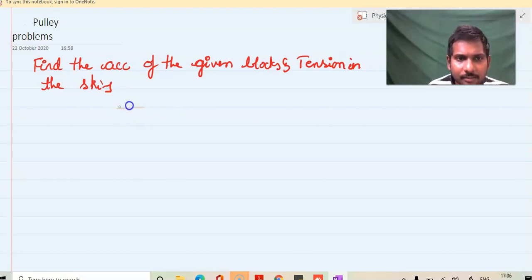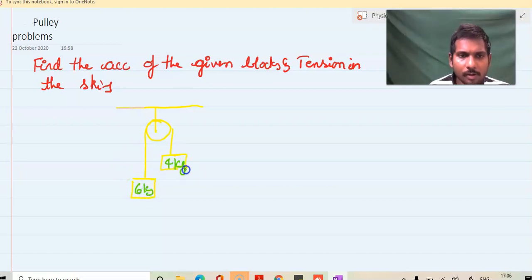The diagram looks like below. This is a 6 kg block and this is a 4 kg block.